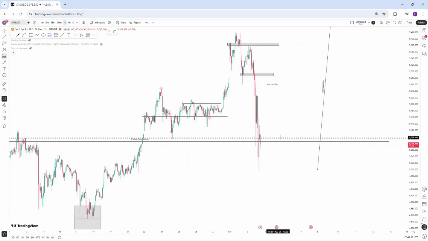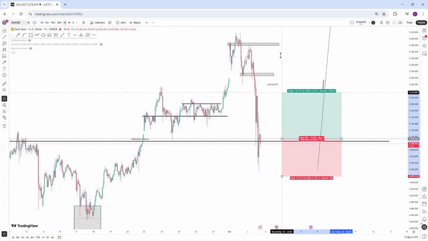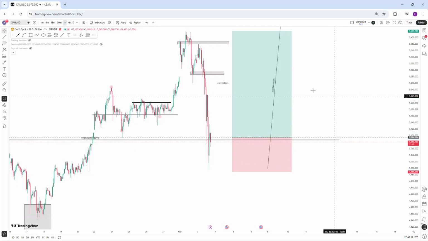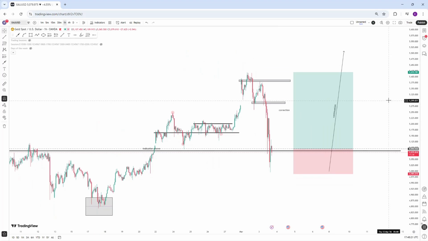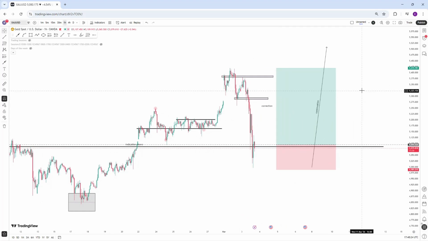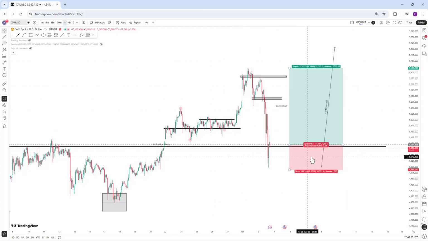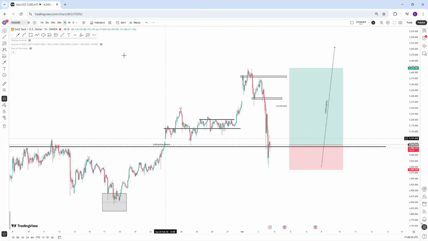So I'll be posting a video on this trade when this happens. Basically, I'm looking for the market to either make another lower low like this and start trending upwards.